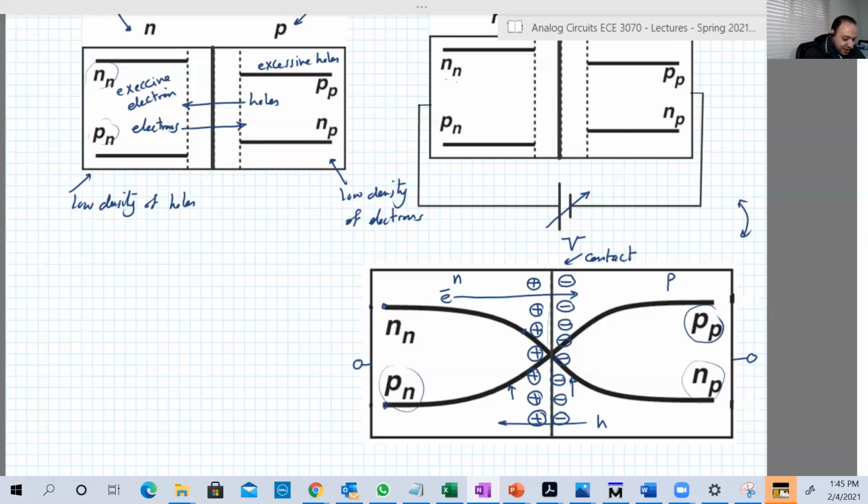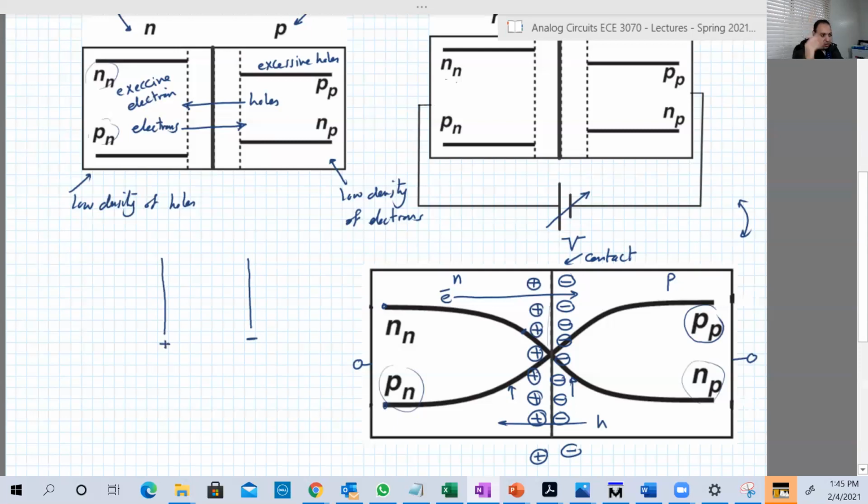Let's understand it very well. Here we have negative ions, here we have positive ions. Remember, these ions are not moving, they are not contributing to the current. It's like you have a negative electrode on one side and a positive electrode on the other side.